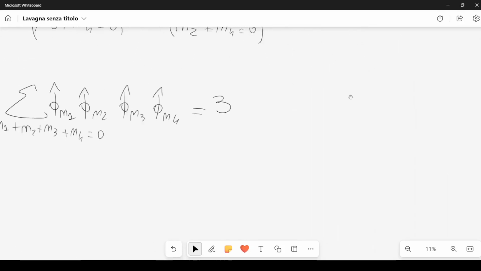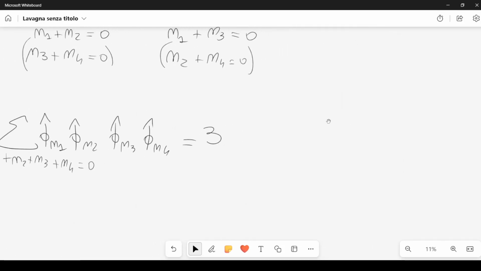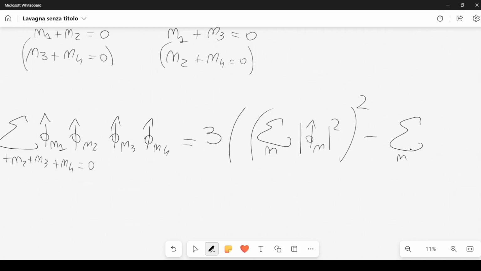So there is symmetry in the indices, and you have summation over n of mod phi hat sub n squared, this is squared, minus summation over n of mod phi hat sub n to the fourth.